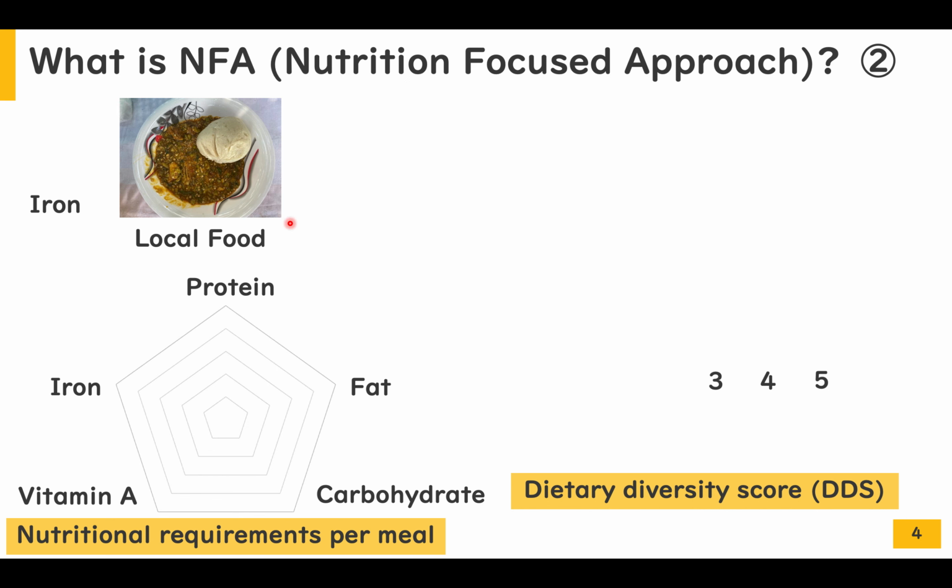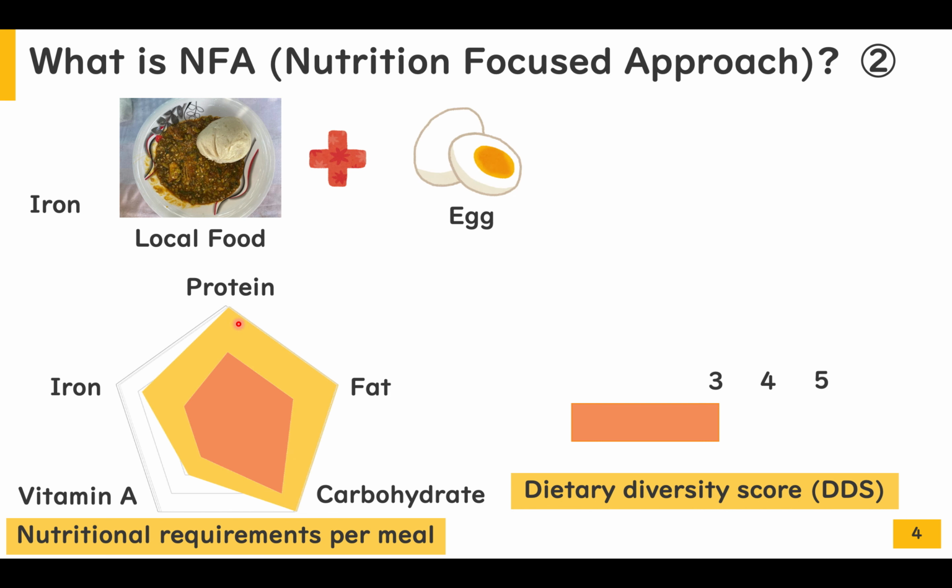First, we conduct an assessment of the local diet, and as a result, we will understand dietary diversity as well as food gap, sufficiency of nutrients, or in other words, nutrient gap for major nutrients such as protein, iron, vitamin A, carbohydrate, and fat. So by sharing this visualized gap, we can discuss with community people how we can fill this gap, making use of locally available commodities.